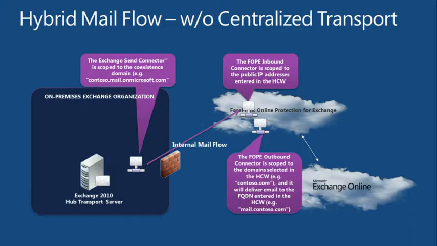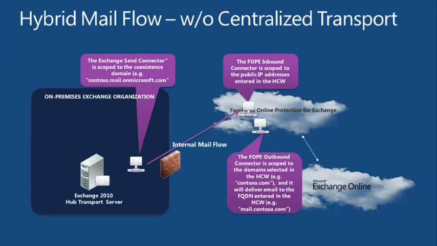And then there is a similar reverse flow. The outbound connector from FOPE is scoped to the domains that you added on the second page of the hybrid configuration wizard, just after credentials. When you add domains in there, those domains are used to scope the outbound connector.